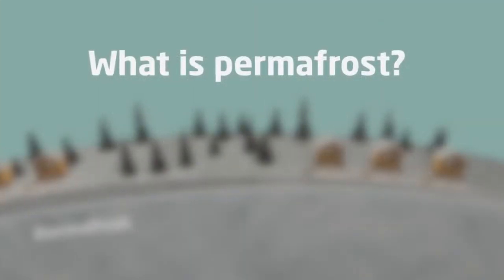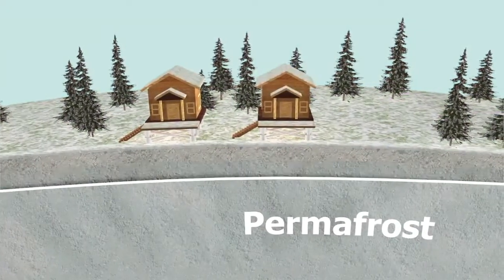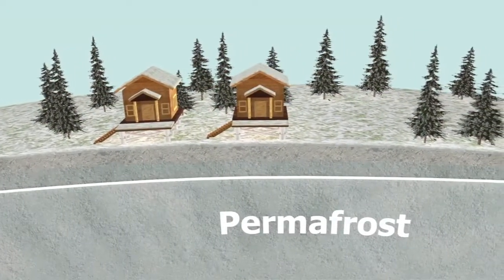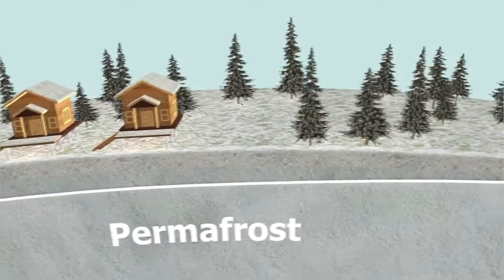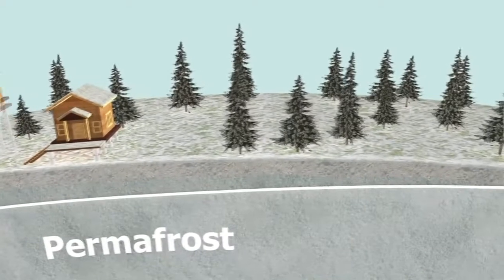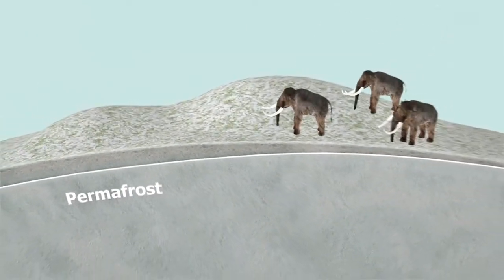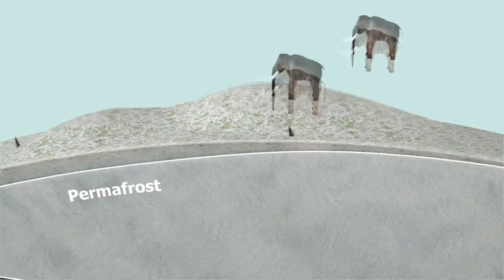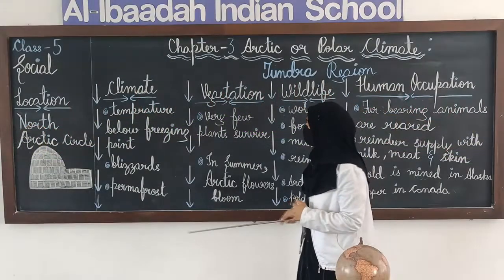We can see soil even in the Arctic region. But beneath the soil, the subsoil is covered with ice. It is all frost. Up we have soil, and below the soil it is all ice. So that is called permafrost.